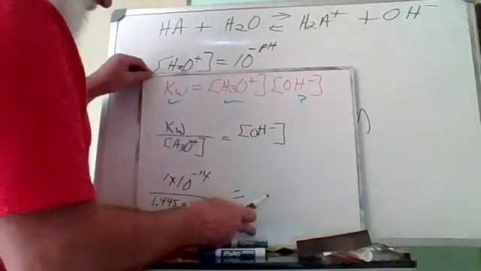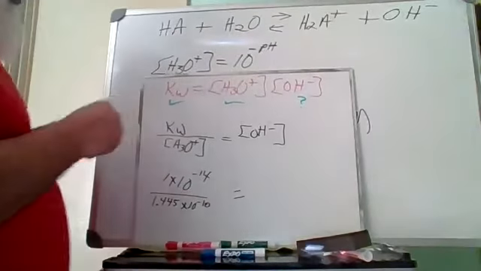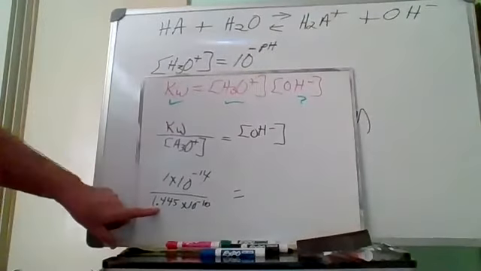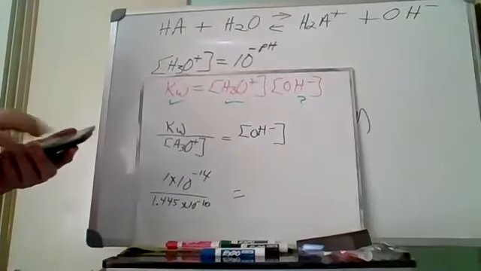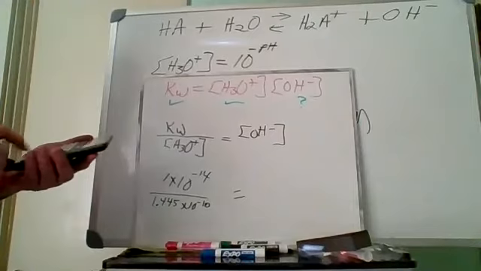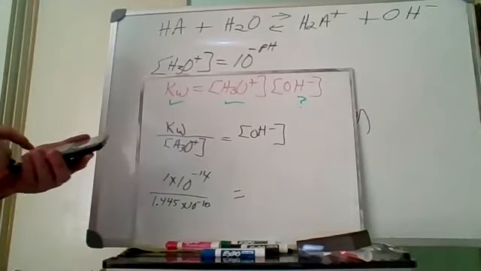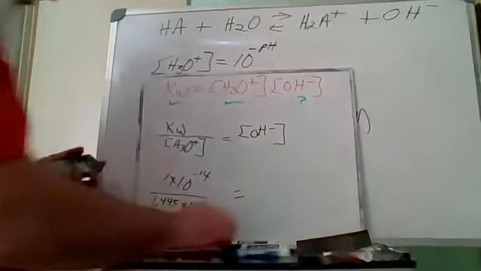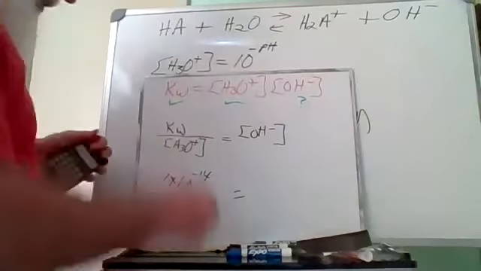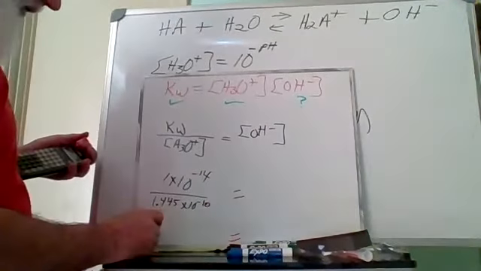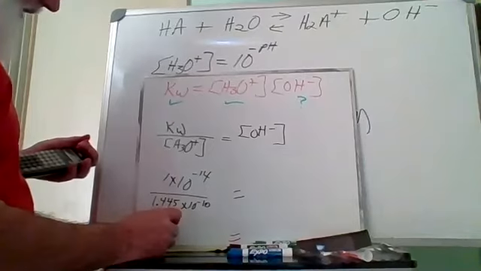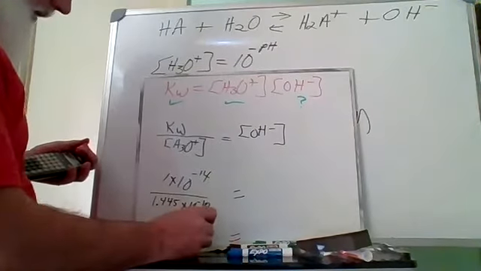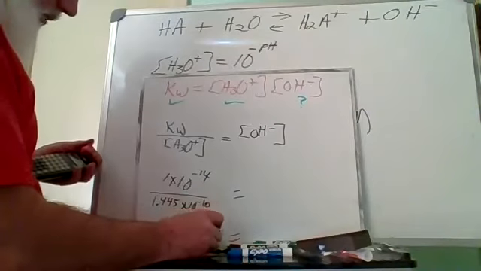All right, and that is equal to, get out the calculator, I have this in my first memory. So 1 E negative 14 divided by, recall 1, put it in scientific notation, and I get 6.92 times 10 to the negative 5th molar.